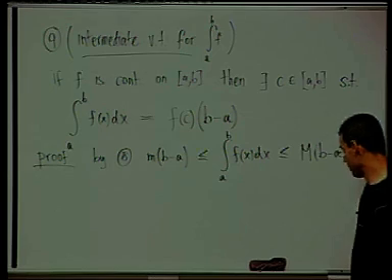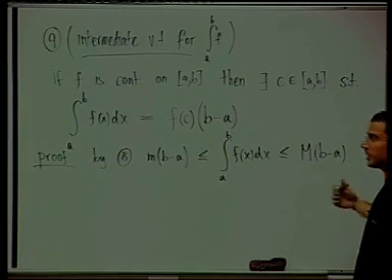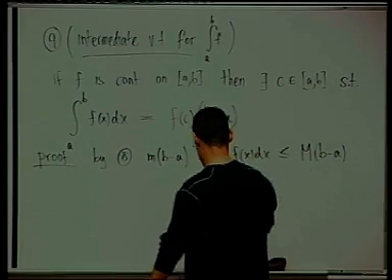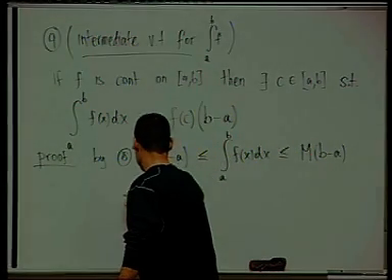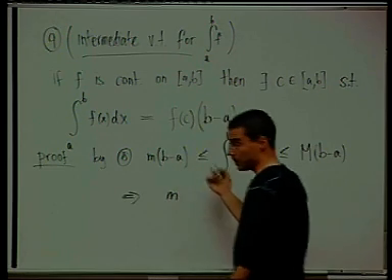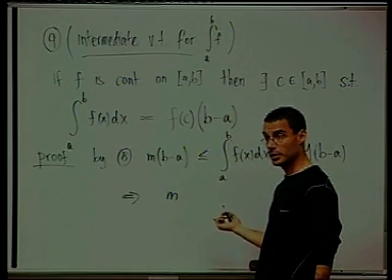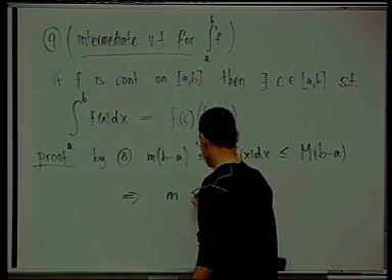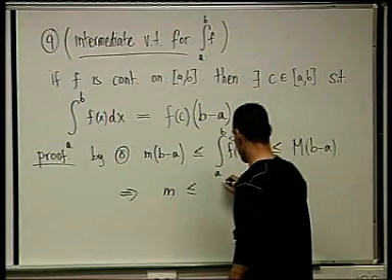Let's divide throughout by b minus a. When I divide by b minus a, b minus a is a positive number, so the inequality remains the same.